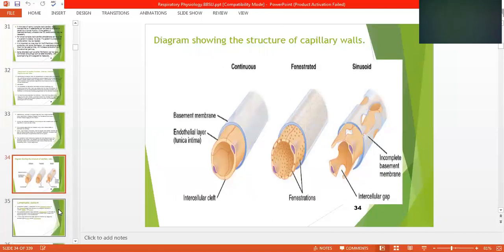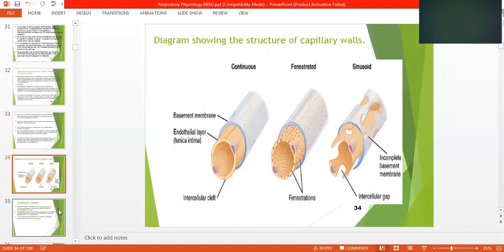Here is a diagram showing the structure of the capillary. On the top is a basement membrane, then an endothelial layer, which we call the tunica intima, because there are three layers in the capillary. Then the intercellular cleft.